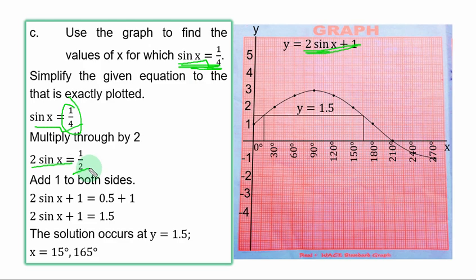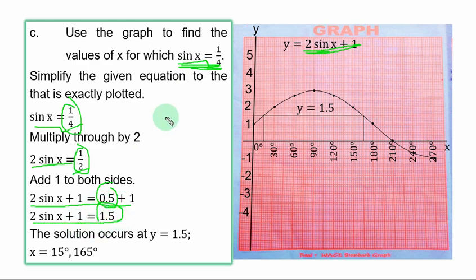To get 2 sin s plus 1, let us add 1 to both sides. If you add 1 to both sides, you have this result. Notice that 1/2 is the same as 0.5. So you have 2 sin s plus 1 is equal to 1.5.